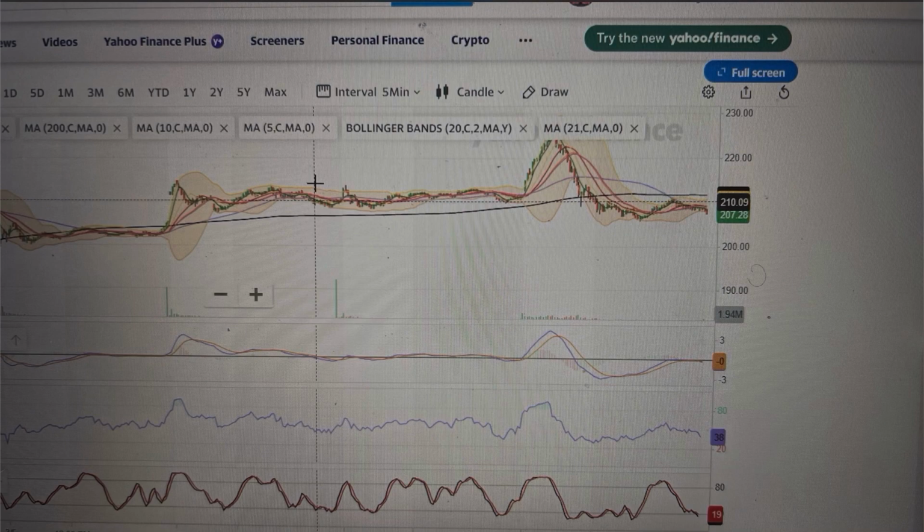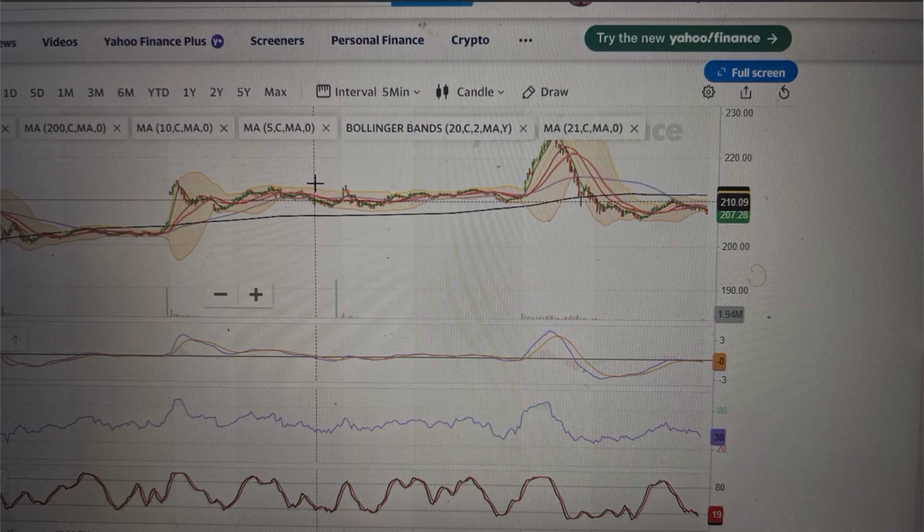So what I'm seeing right here is a moving average crossover, and that's right about here, right? With a moving average crossover, it kind of changes the direction of a stock, or it confirms a change of direction of the stock. The 50 and 200 crossed over right here, boom, boom. So that's showing me that we could be going in a downward direction.